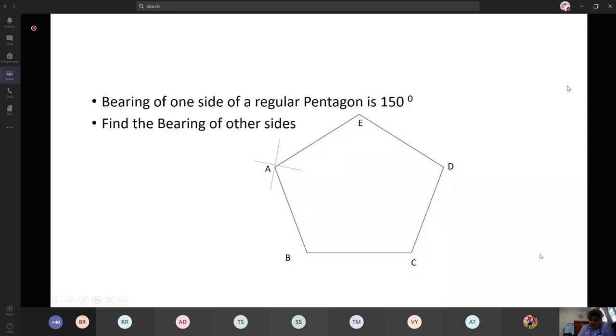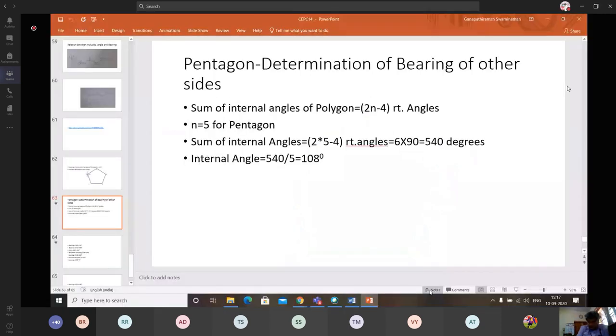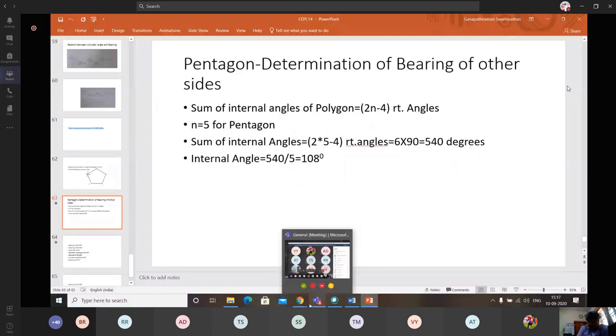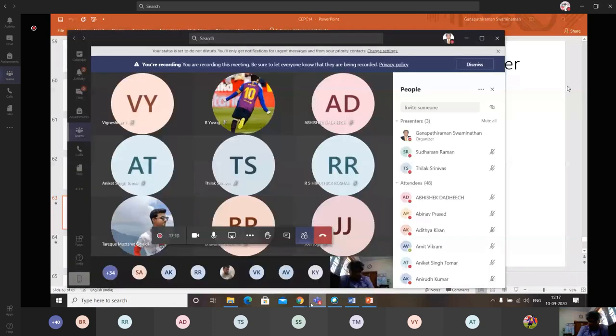Nobody opens their mouth? What is the bearing of BC? Yuvraj. What is the bearing of BC? 78 degrees. 78 degrees. Who is that? Ayush.